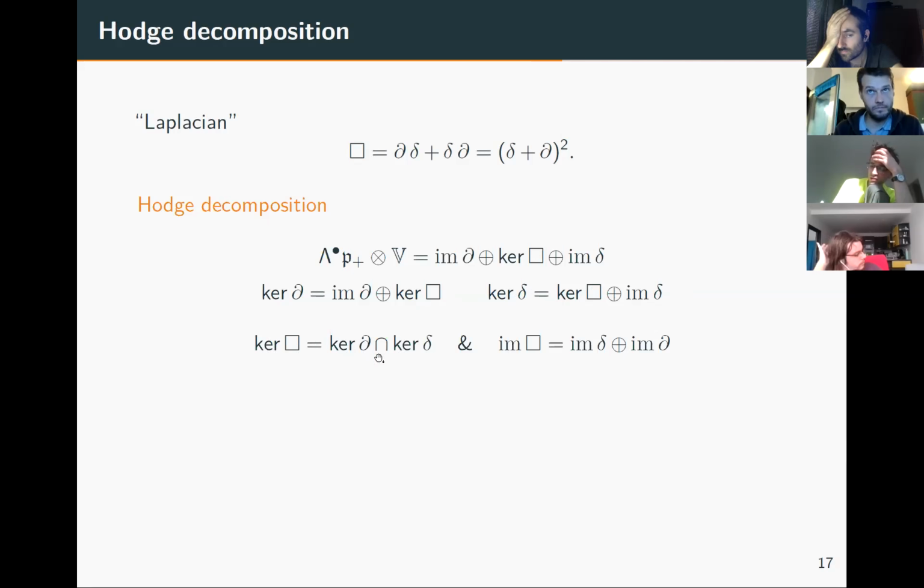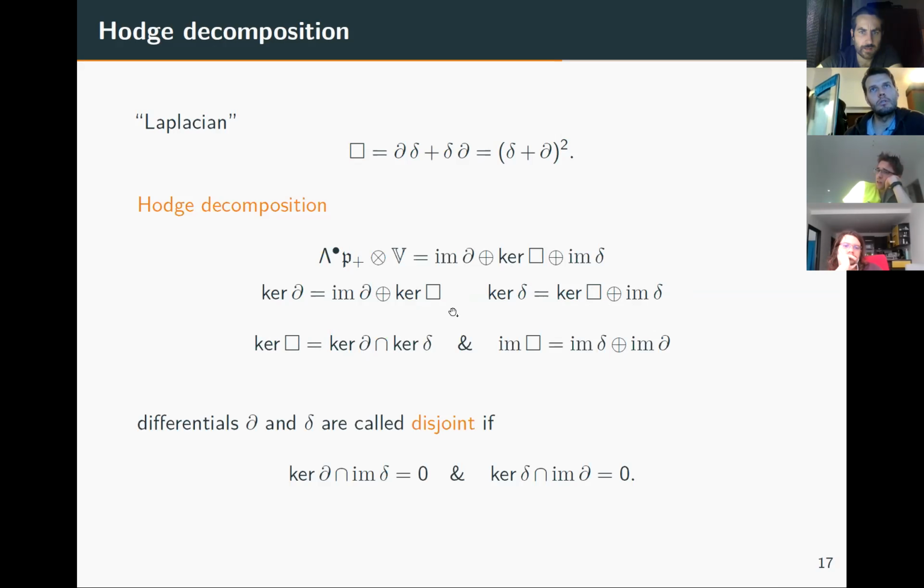And so basically what this says abstractly is that the kernel of this algebraic Laplacian gives you unique or preferred, let's say, algebraically harmonic representatives in the cohomology or homology classes.